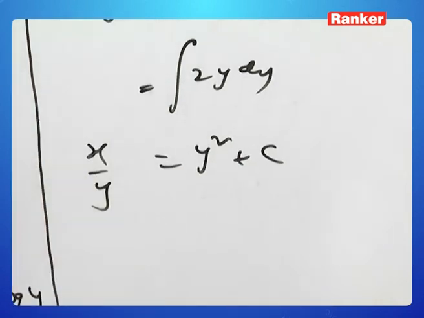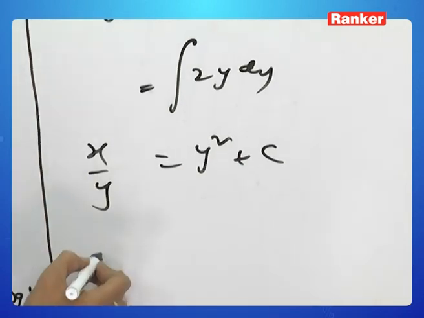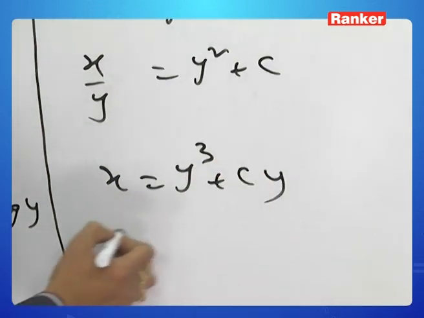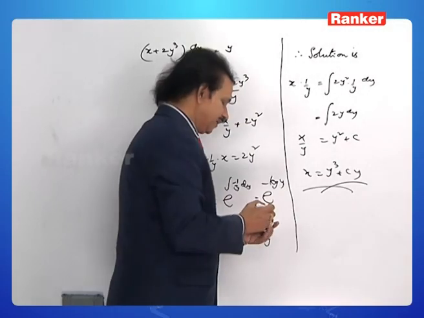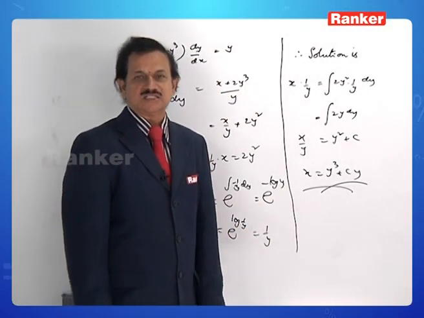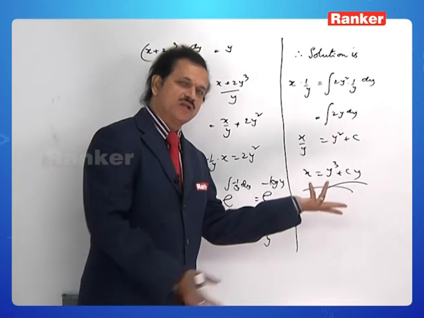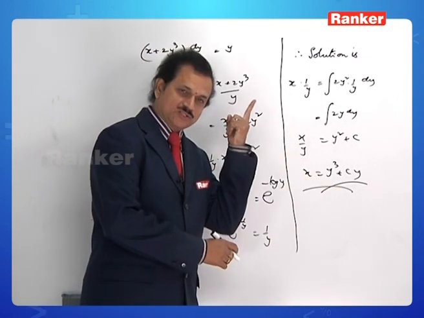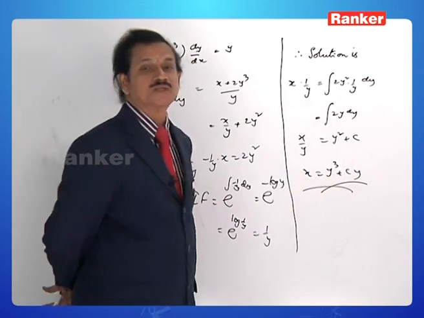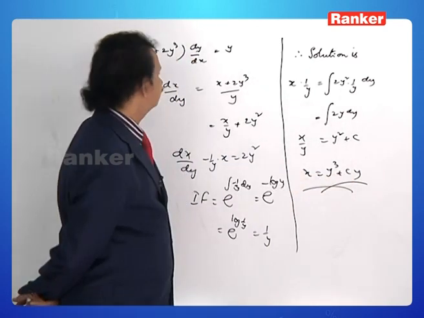So x/y is equal to y² plus c. Therefore, x is equal to y³ plus cy is the general solution. By the by, what is the question actually? He has asked us just for the general solution itself. Therefore, the general solution is x equal to y³ plus cy.